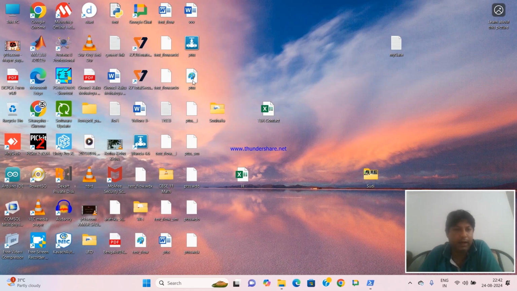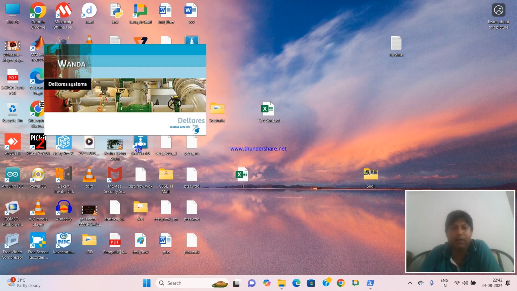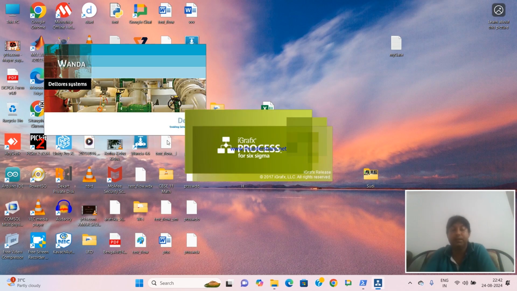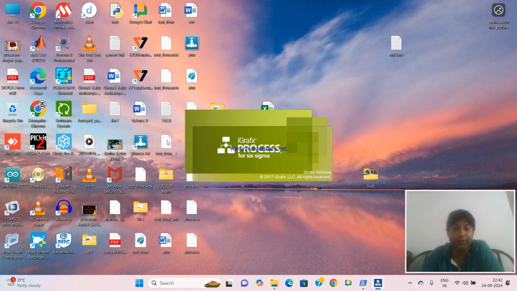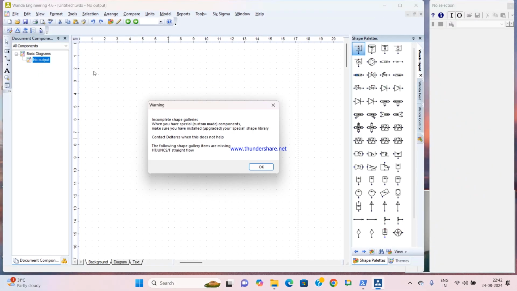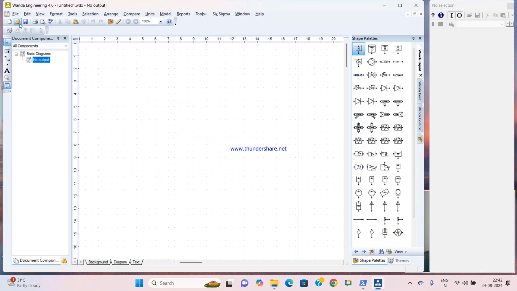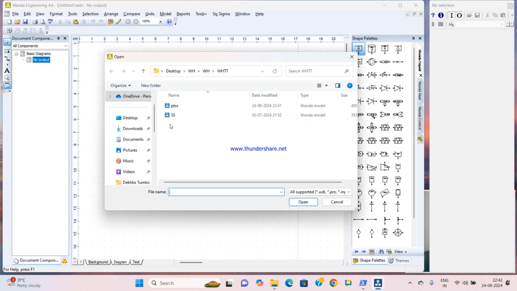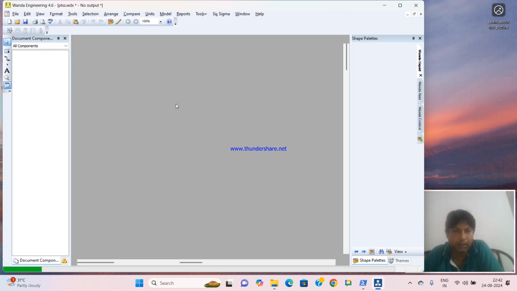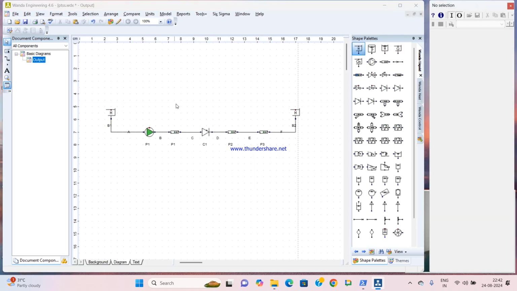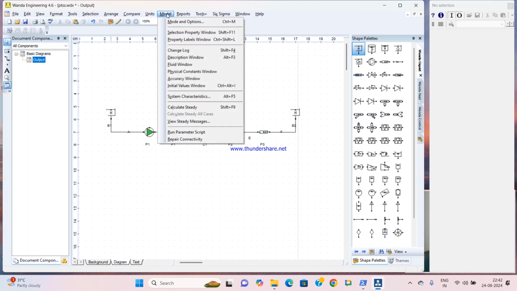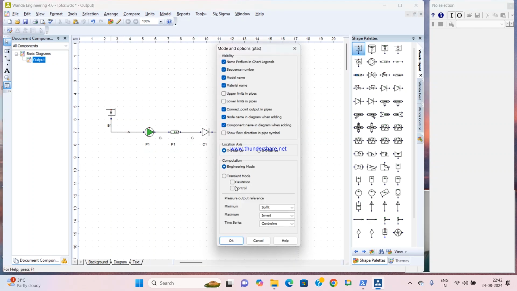Now I am going for the transient situation. That means suddenly I am going to trip the pump. So for that, let us open the transient model.